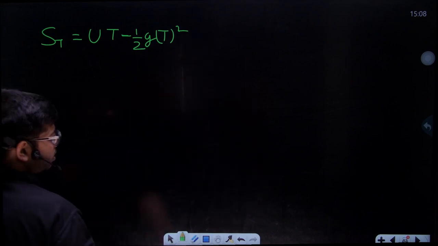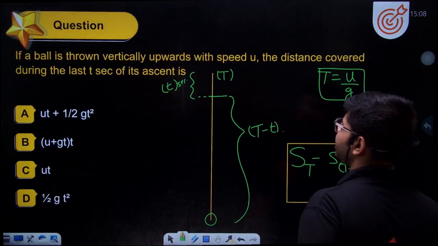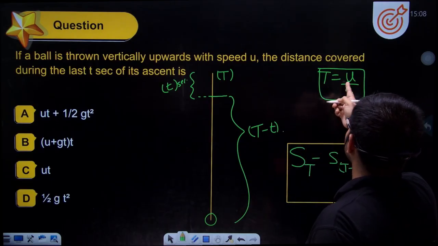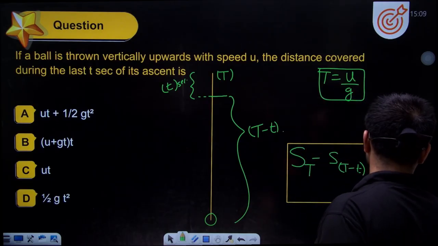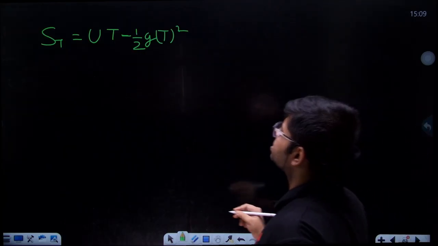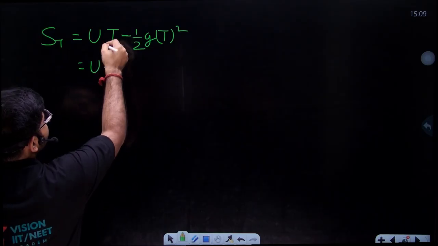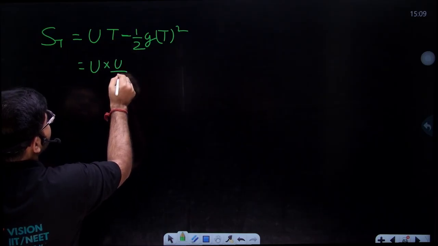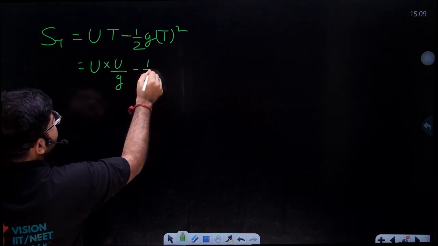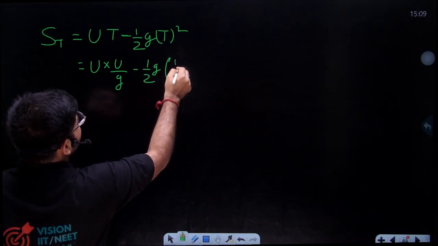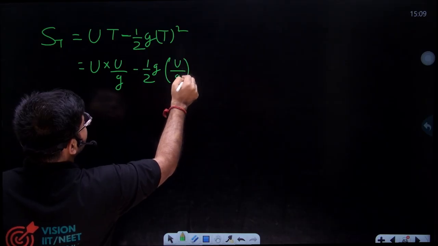Now I would like to ask you one thing: in case of t, you write u by g. So it is u into u by g, the time of ascent, minus half g into u by g square.